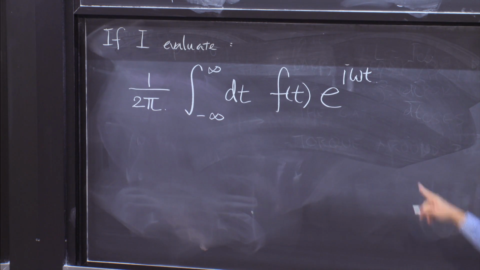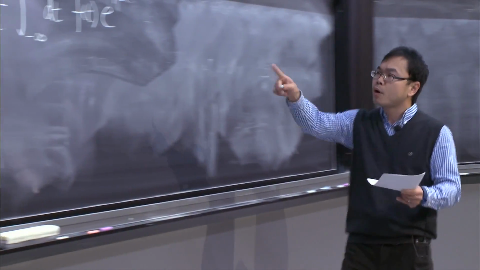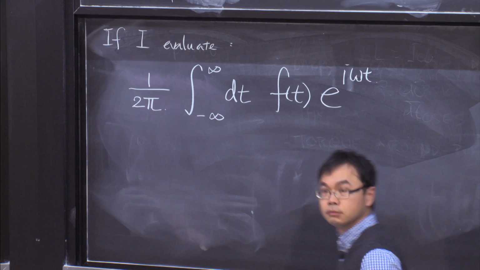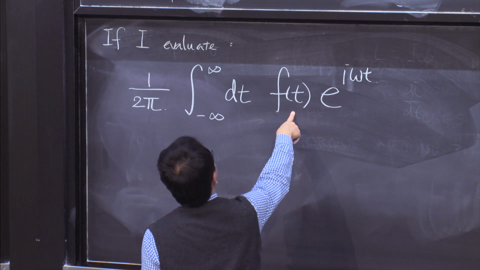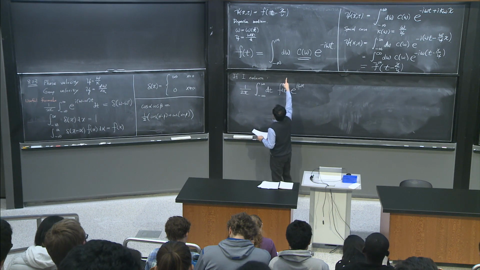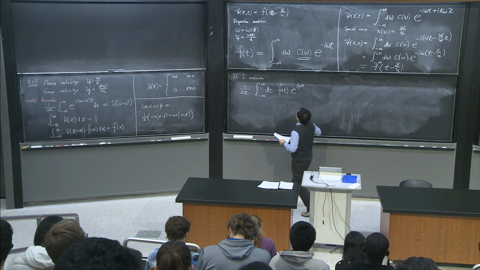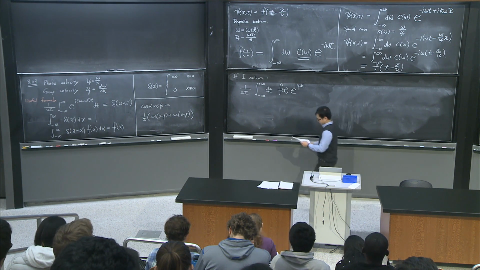This is coming out of nowhere, right? Coming out of Yen-Jie's hand, maybe, I don't know. Suppose I evaluate this function, and now I have f of t here, right? I can replace f of t by this interesting formula.